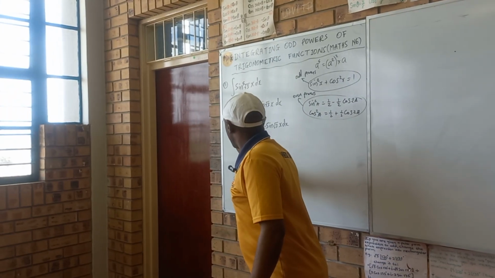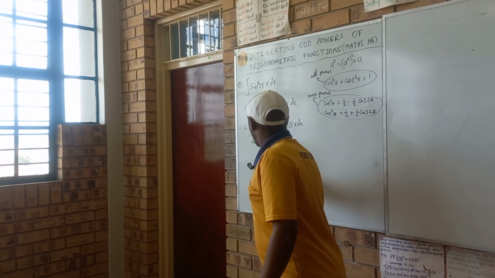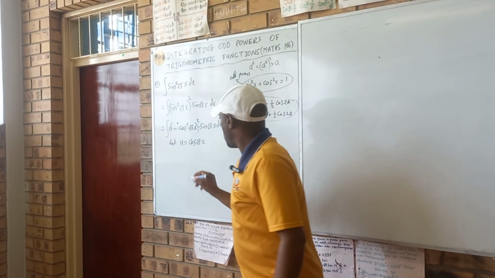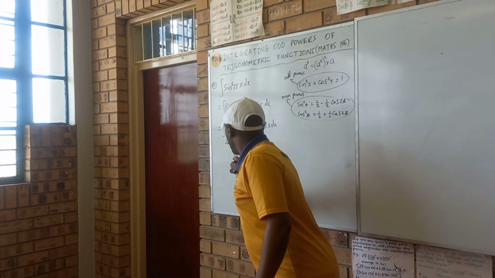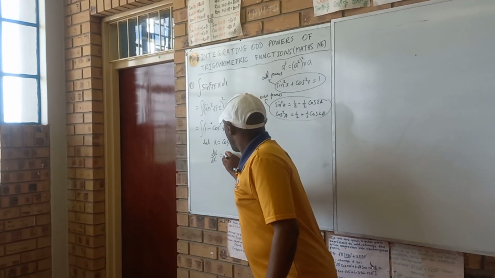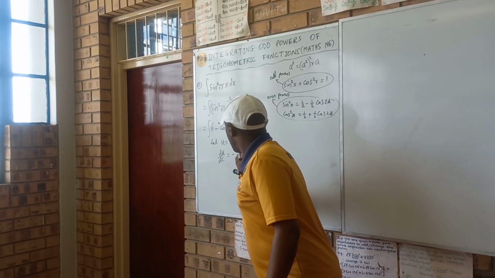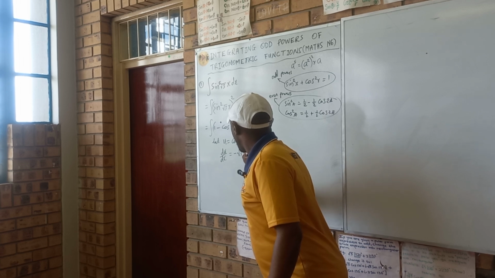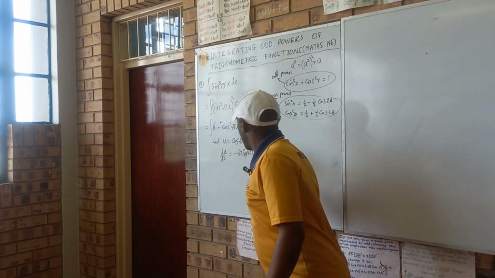So I will say let my u be cos root 3x. So that way du dx will be equal to, when you differentiate cos, you get negative 3 sine root 3x.